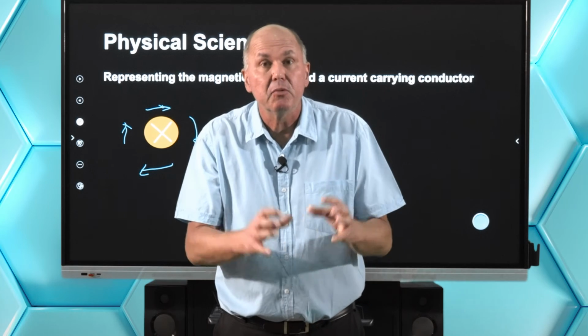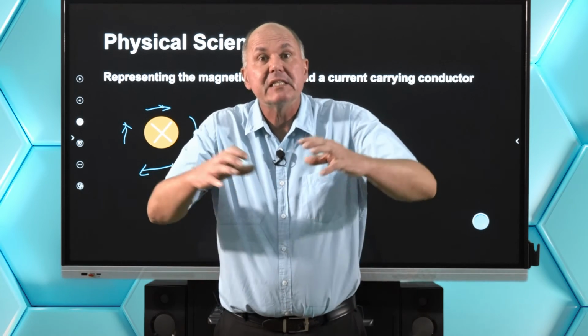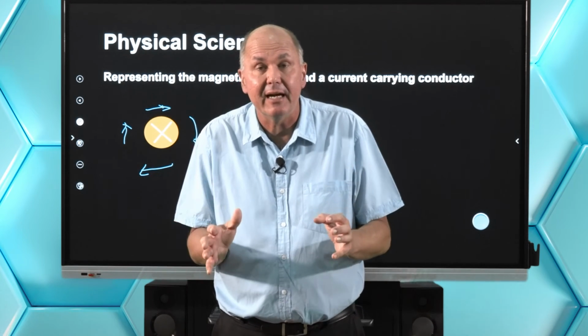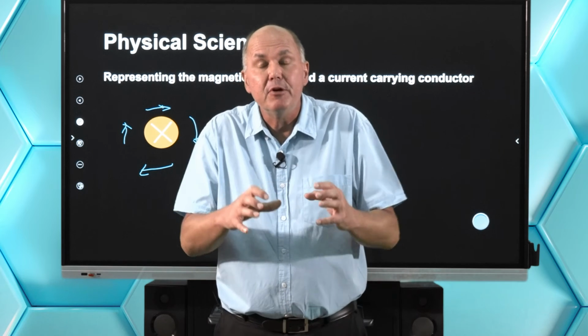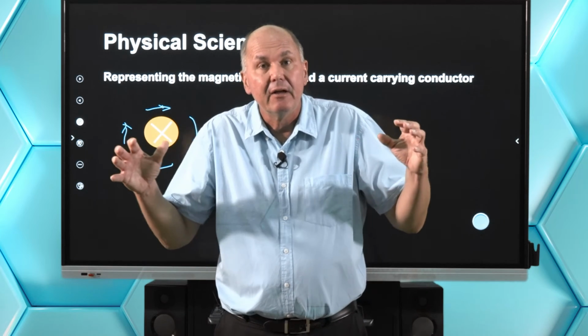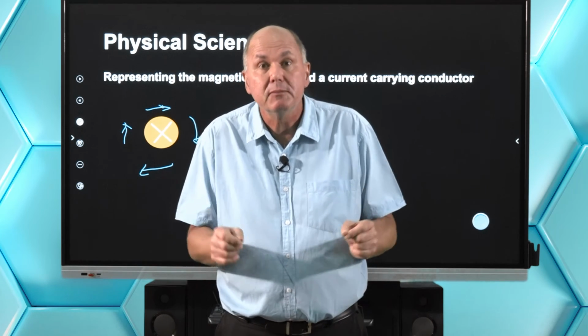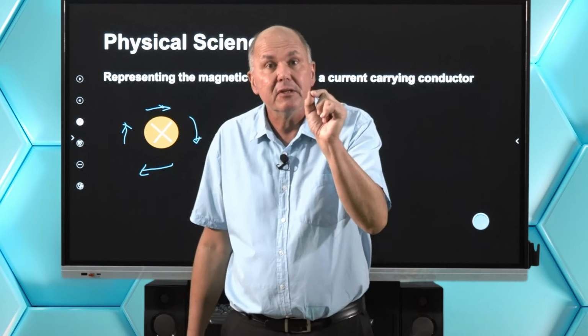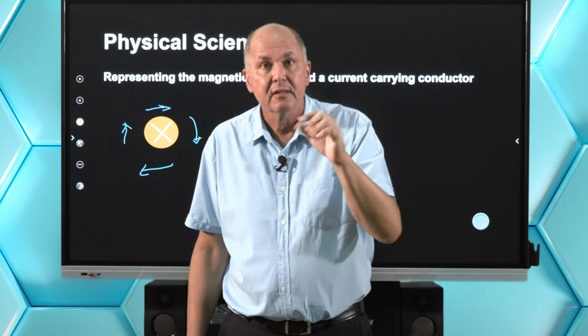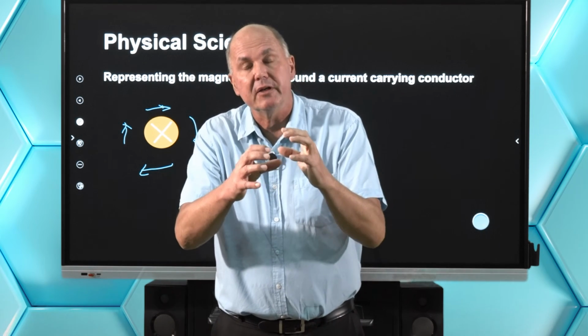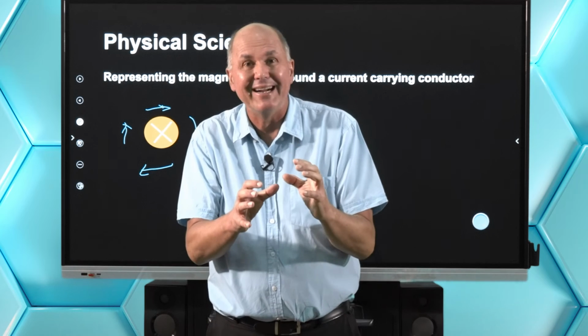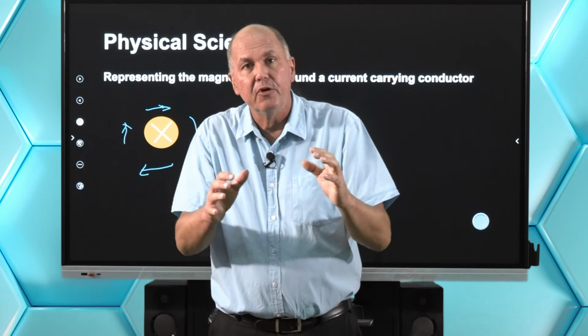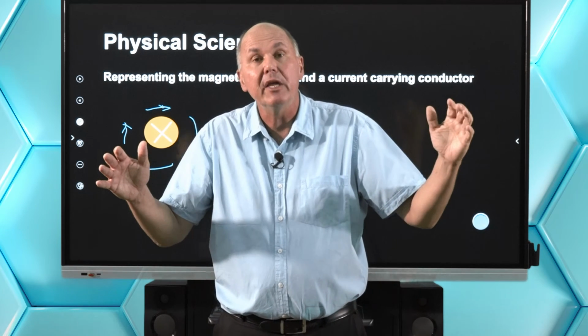But in fact, what we can do is expand on the pattern that is given by the iron filings, and we can represent this magnetic field in terms of field lines. Now remember, field lines may not cross each other. So we start with those that are close to the conductor, and as they go further apart, we know the field weakens.